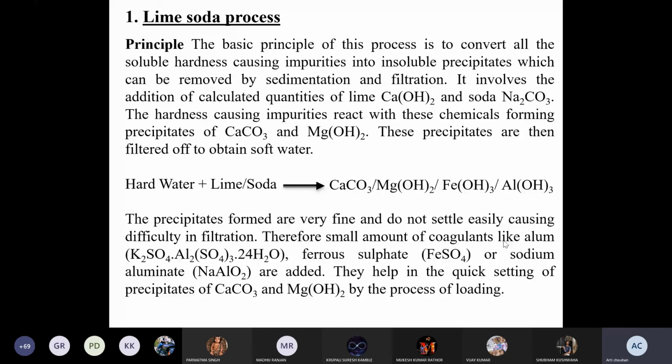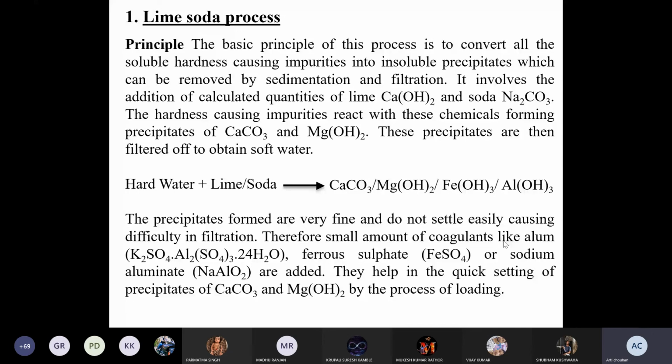These coagulants are alum, ferrous sulfate, and sodium aluminate. All these coagulants are used in various processes during the lime and soda technique. Alum is potassium aluminium sulfate hydrate. Ferrous sulfate is FeSO4.